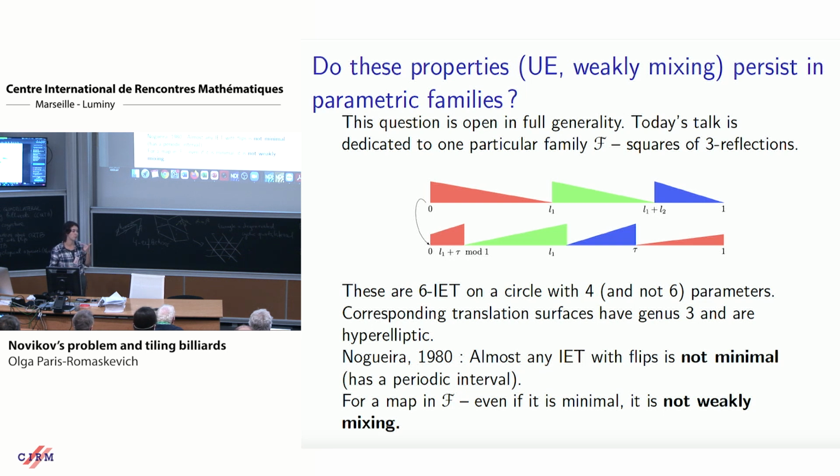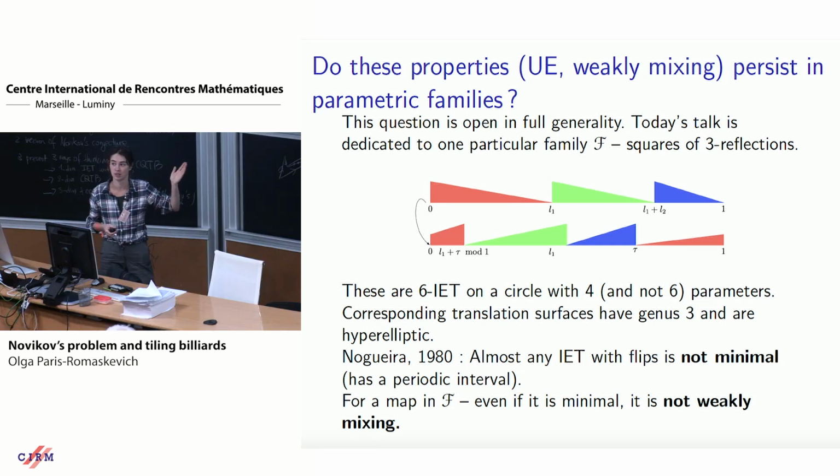When I was speaking about typical interval exchange transformations, I was speaking about Lebesgue measure on the length of the intervals with a fixed combinatorics. So here we live in some subspace of our generic space, and actually many of the properties that I have stated on the first slide are not true anymore for this subfamily.